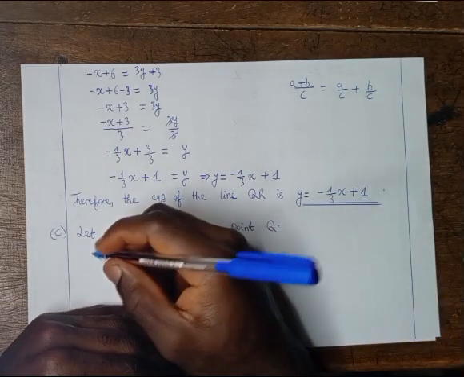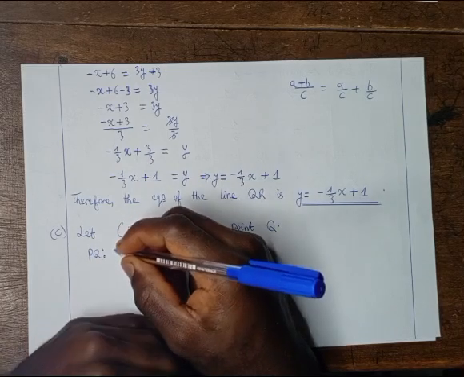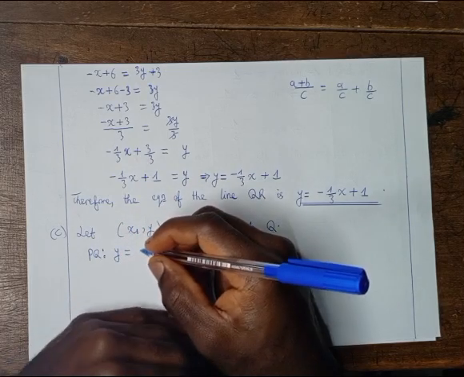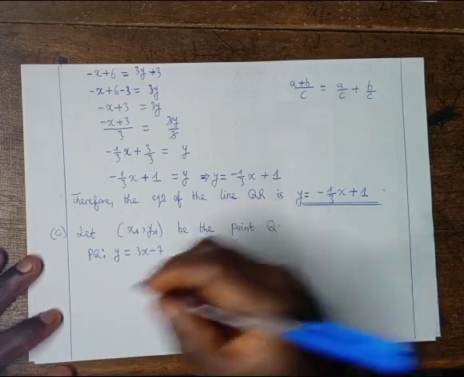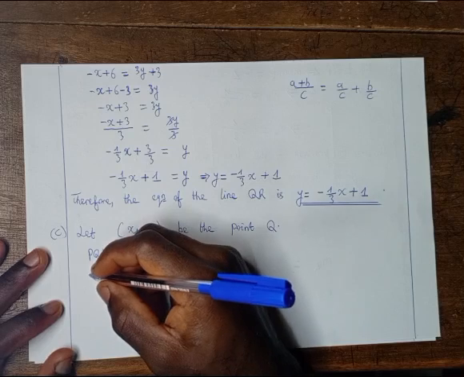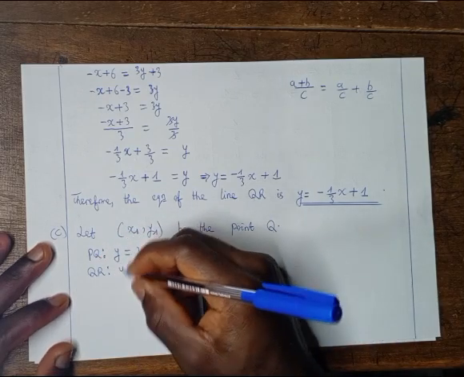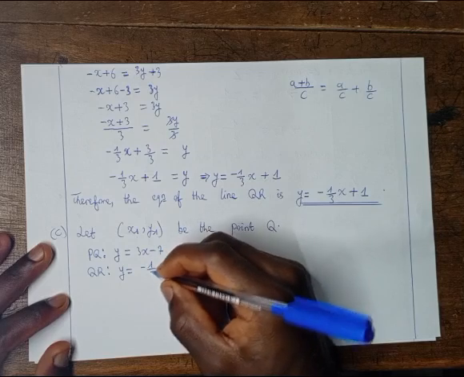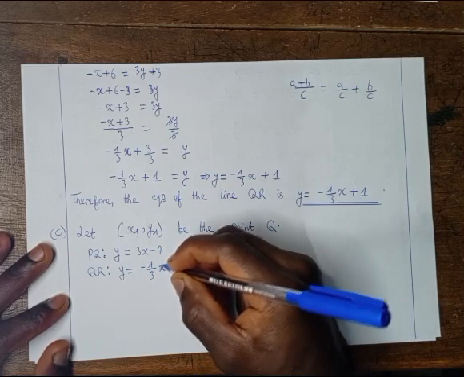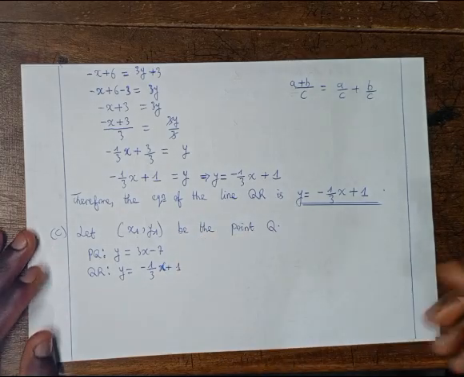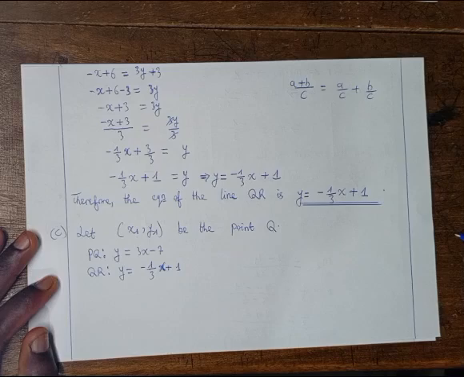Next, we know the equation of the line. We know the line PQ has equation y equal to 3x minus 7. We know the line QR has equation y equal to negative 1/3 x plus 1. You'll see that in these two lines, the point Q is common.